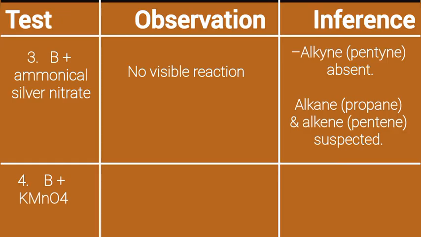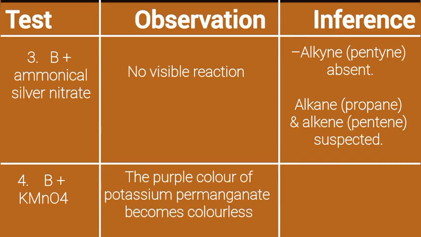Now I'm going to assume, remember this is an alternative to practical. I am asked to describe how I can confirm what the hydrocarbon that is actually present. So I am now assuming that when I added potassium permanganate to the liquid B contained in a test tube, the purple color of potassium permanganate becomes colorless.